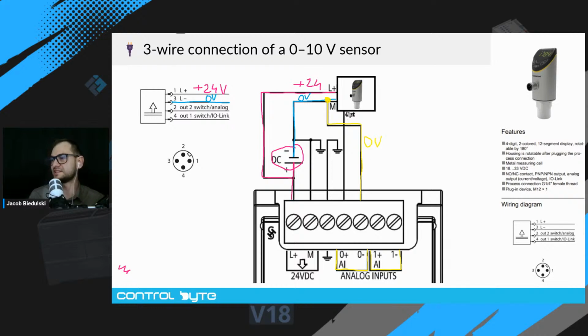So the second signal, the second wire, is the voltage signal that is the output of the sensor, and this is from 0 to 10 volts signal.